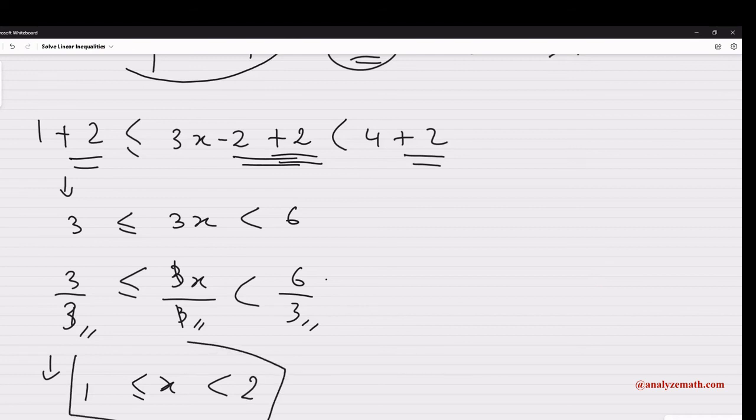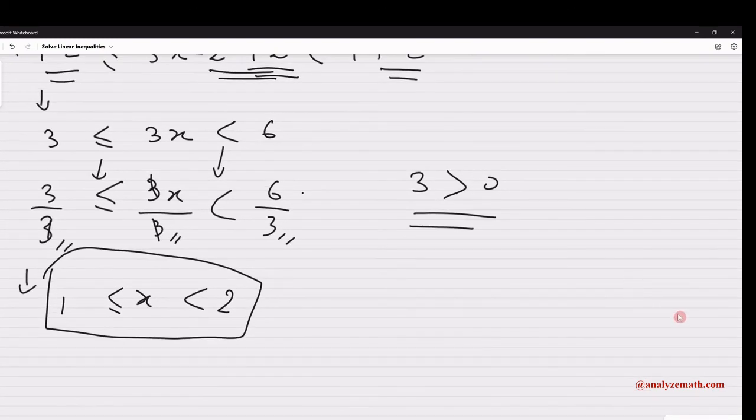This is the solution set in inequality form. Now, just before we move on, we have divided by 3. 3 is positive, so we didn't need to change the inequality symbols. So this is the solution set using inequality symbols.